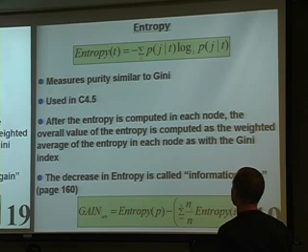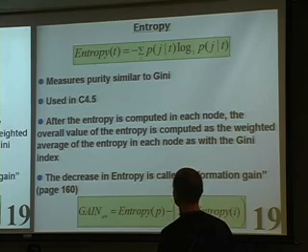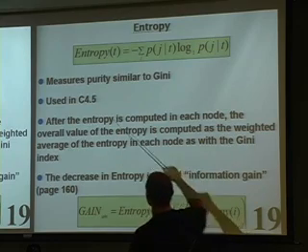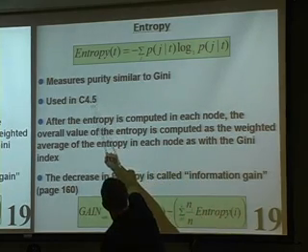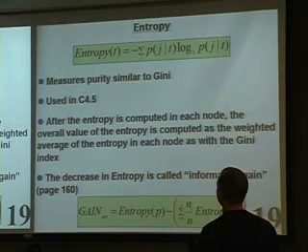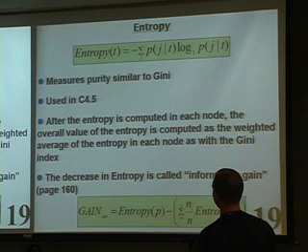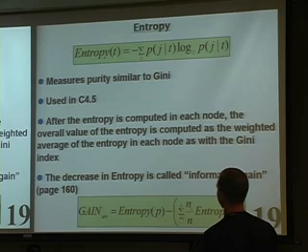You can motivate it a lot of different ways, but entropy has a lot of nice interpretations that you can come at from different angles. It's used in C4.5. So if CART and rpart use the Gini index, then C4.5 uses entropy, which is one of the differences between those algorithms. Probably not the biggest difference, but it's there.